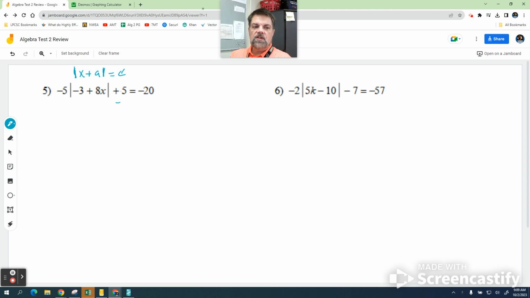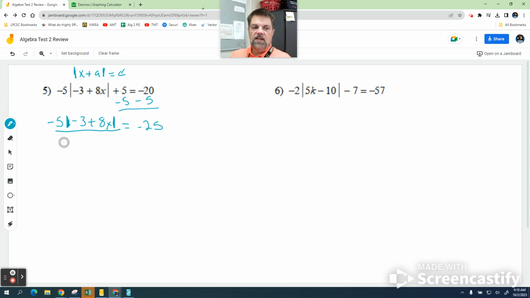So what I'm going to do is subtract 5 from both sides. Okay, that gives me negative 5, absolute value of negative 3 plus 8x, and I'm going to make these kind of bold. Sometimes kids don't know that those are actually absolute value brackets. Equals negative 25. All right, cool.